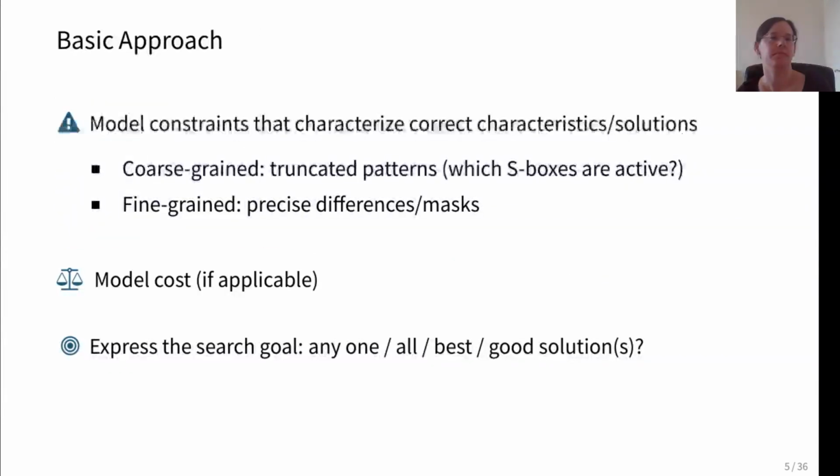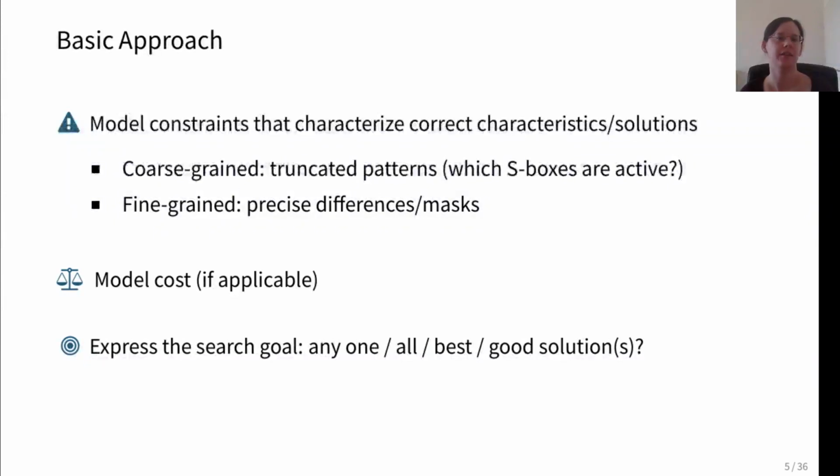And this modeling that I described consists of several steps. So the first of these is that we usually need to model some sort of constraints which characterize what we're actually looking for. So in our case, we're looking for differential characteristics. So we somehow need to describe which differential characteristics are actually valid.